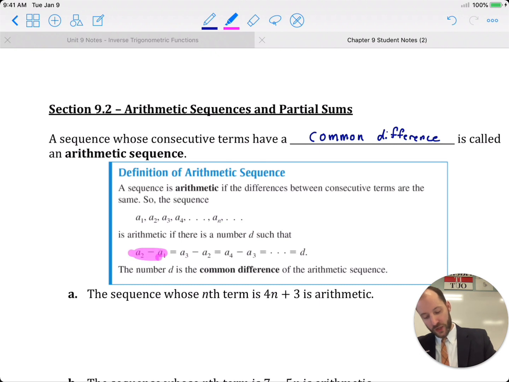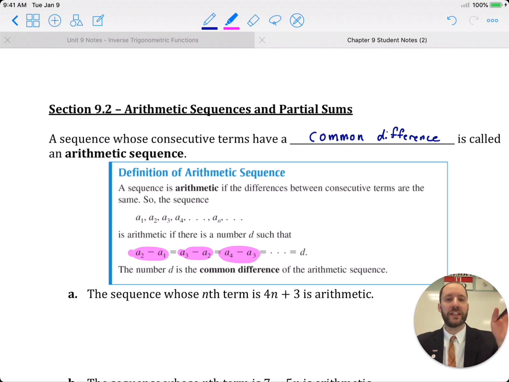So like a2 minus a1, a sub 3 minus a sub 2, a sub 4 minus a sub 3. So any two consecutive terms, the later one subtracting the initial one, the one that comes before it.